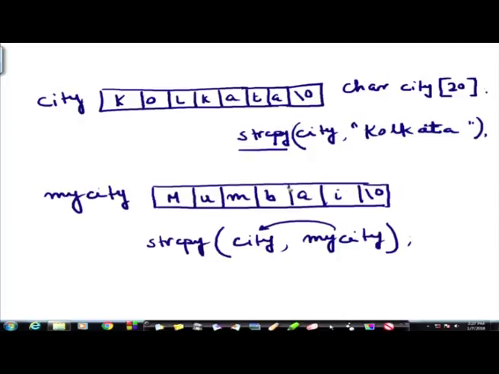As I copy this whole string over here, M will come, U, M, B, A, I and this backslash 0 will come here. And so, the entire string will be kept here, up to this with a backslash 0 here, and the remaining unused part of Kolkata will be lost.